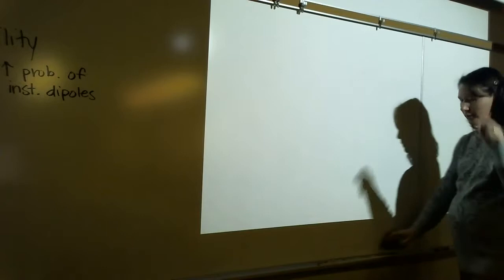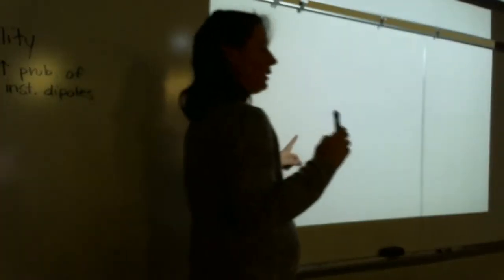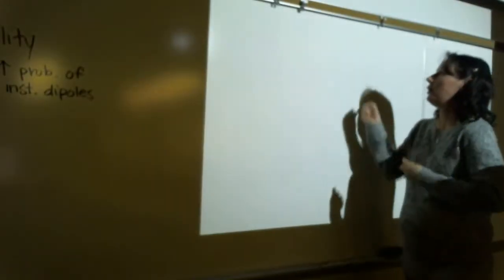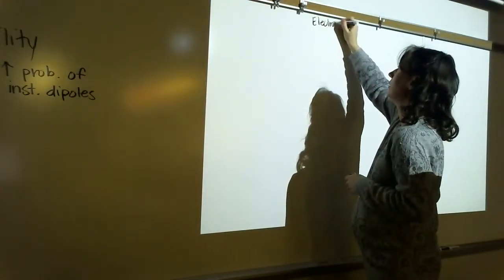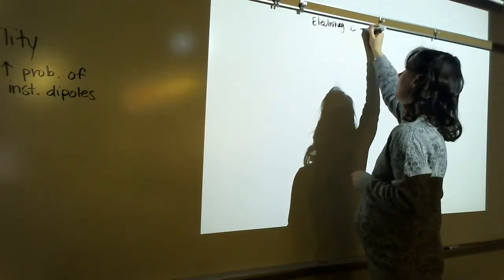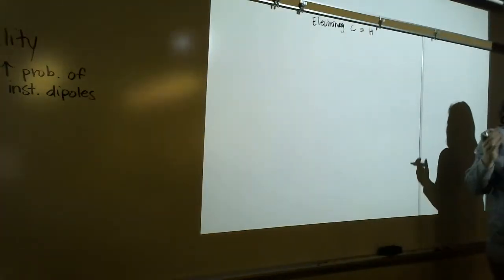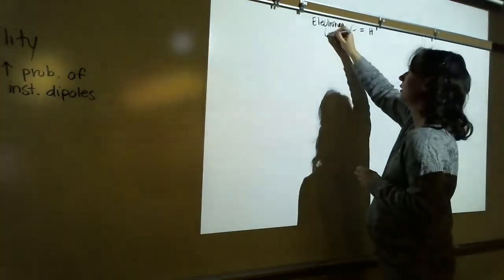Now, if you think back to intro chem, do you remember when we talked about electronegativity, how good an atom is at sharing? Something you need to know is that the electronegativity of carbon is equal to that of hydrogen. So in other words, in a carbon-hydrogen bond, electrons are shared evenly.